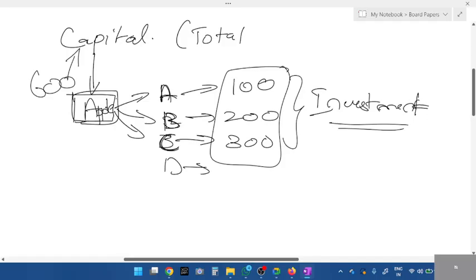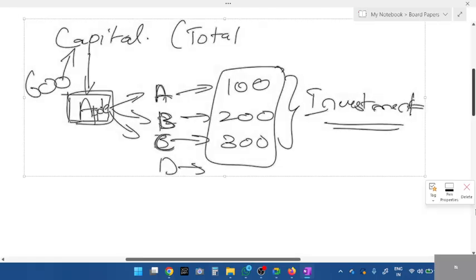So if they ask you in MCQ, remember all these terms. Not only for MCQ, even for business, they use the same thing. Capital is the total investment. So this Apple company is worth rupees 600, and A, B, C have invested 100, 200 and 300 individually.